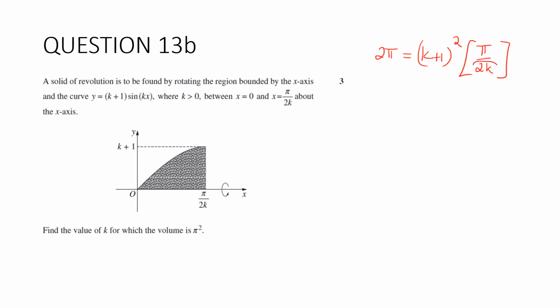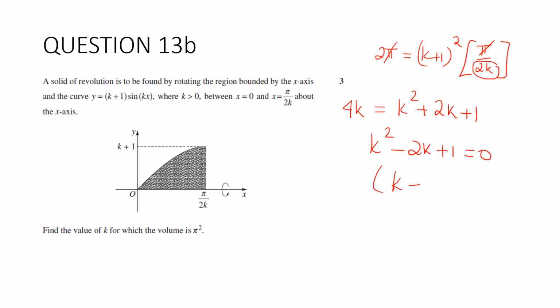Actually, let's take this up and over. And in fact, we can cancel that pi, can't we? So we've got 4k is equal to, and now expand that out, k squared plus 2k plus 1. So k squared minus 2k plus 1 is equal to 0. It's a perfect square, isn't it? Therefore, k is equal to 1.